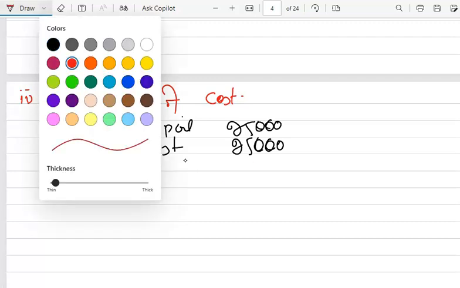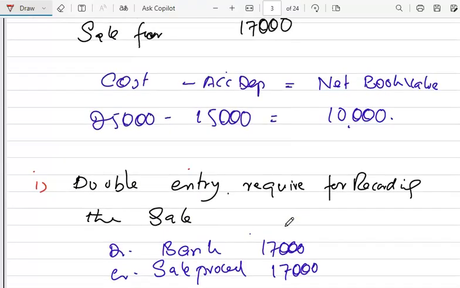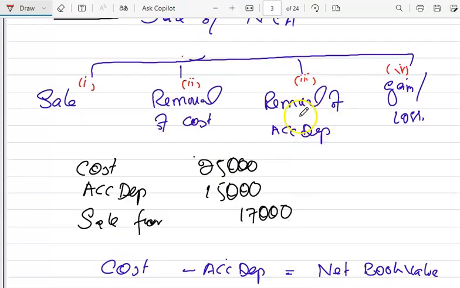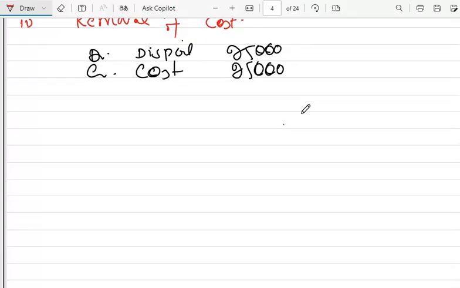Number third, I have to remove the accumulated depreciation of the asset as well.